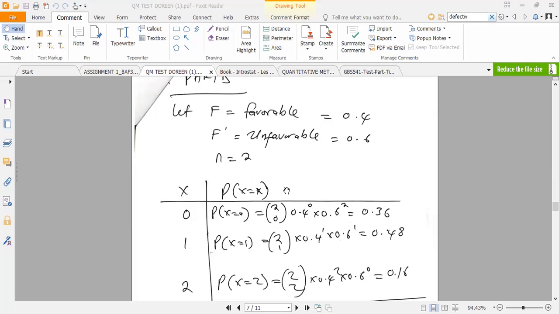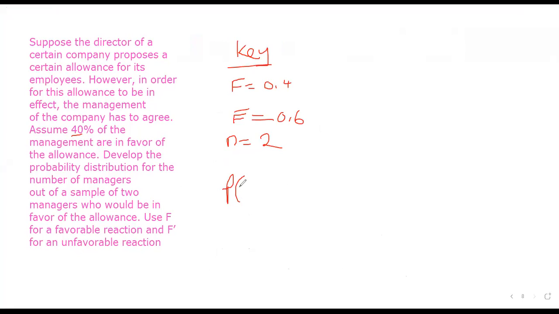So we are taught firstly that we need to come up with the probability distribution function. Firstly, we need to use a binomial distribution to find out the chances that there will be no one in favor, one person in favor, and 2 persons in favor. When I was teaching you binomial distribution, I told you that binomial distribution is given by n combination x, who remembers? Times p to the power x, and here q to the power n minus x.